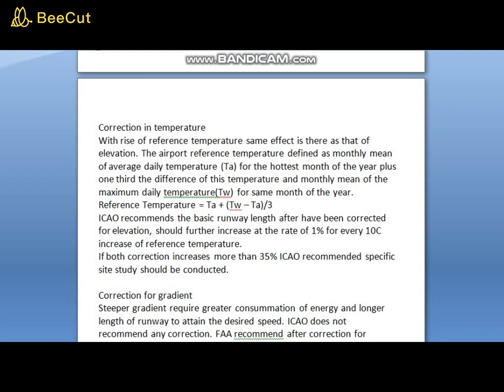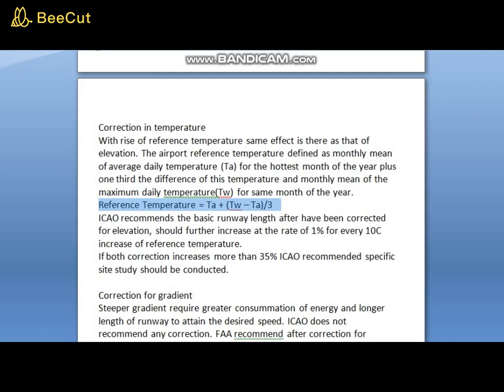Therefore, airport reference temperature is given by this formula. ICAO recommends the basic runway length, after correction for elevation, should be further increased at the rate of 1% for every 10 degrees centigrade increase of reference temperature.